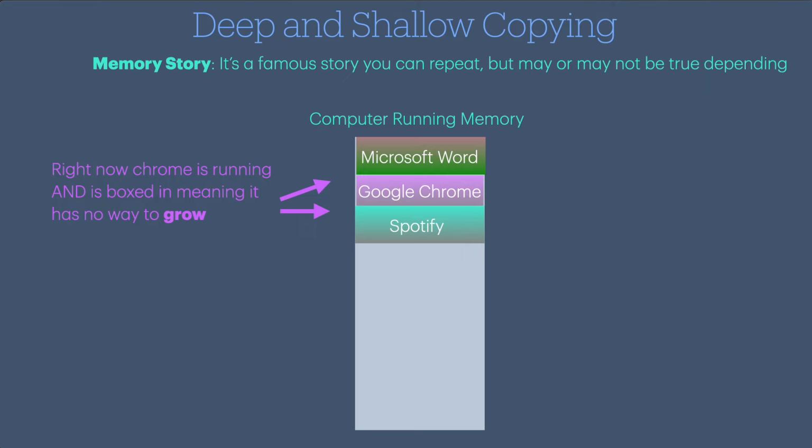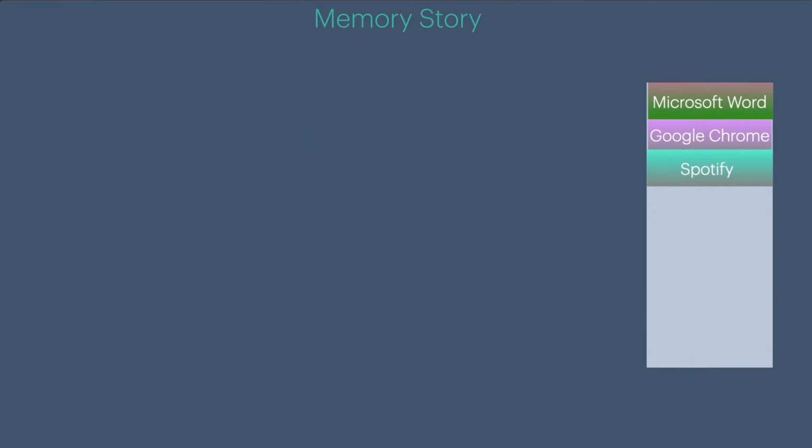So right now what I want you to look at, though, is that since Chrome is in the middle of Spotify and Word, Chrome is running and it's boxed in, meaning it has no way to grow. What does that imply? Well, let's first ask the question, does Chrome need the ability to grow in memory while it's running?